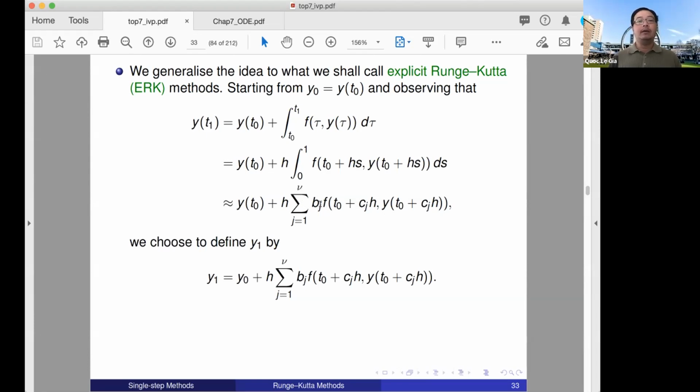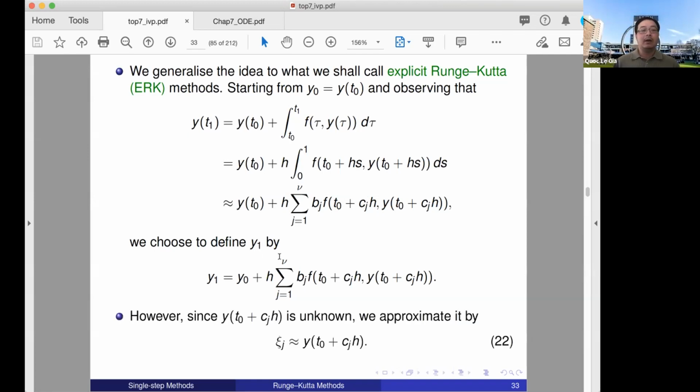And then you design a quadrature, this sum, so that your method will have order of convergence O(h to some power), power 2, power 3, and so on. So in this form, y1 is defined by this formula.